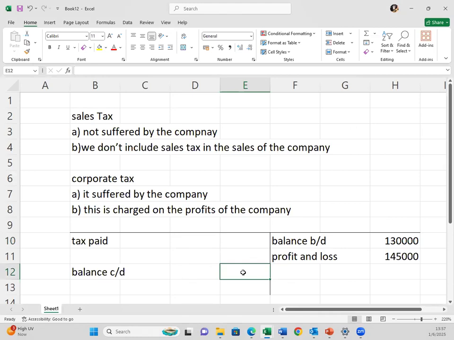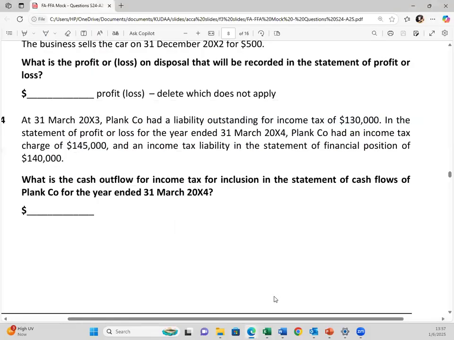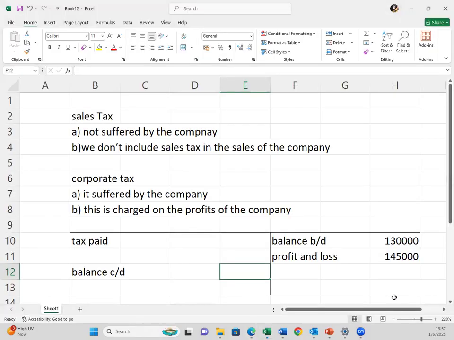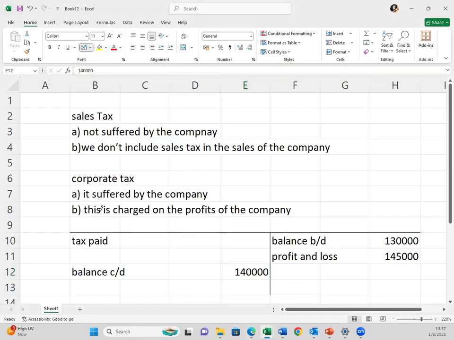So it means we'll be given the balance at the end of the year. How much is the balance at the end of the year? 140,000. So that's our balance c/d, 140,000. Then from there, we close the account.